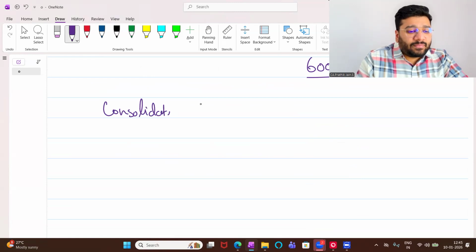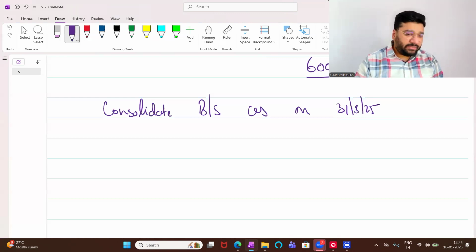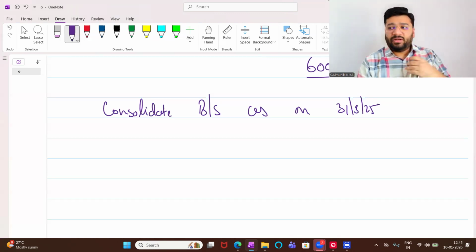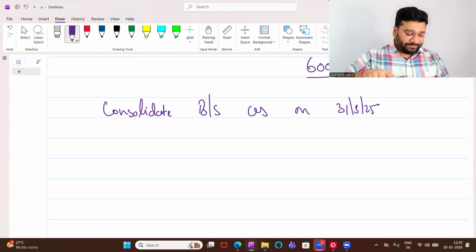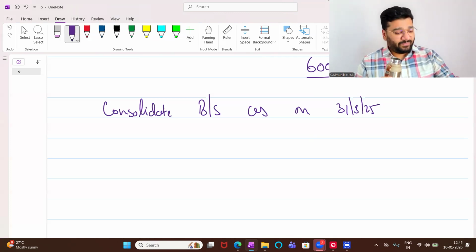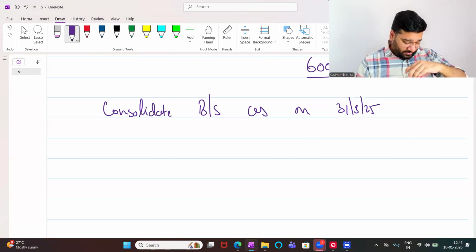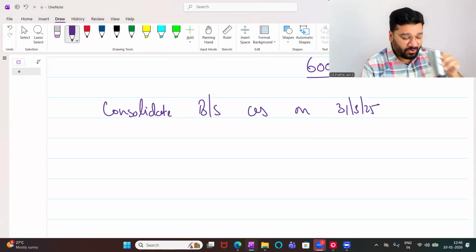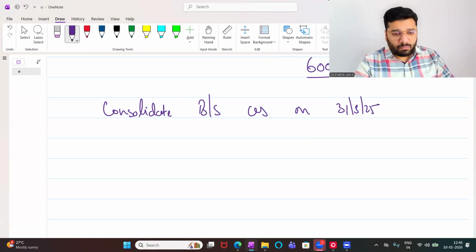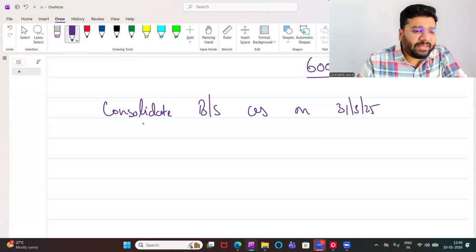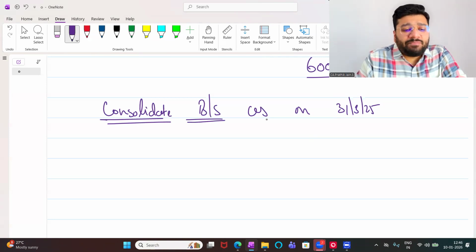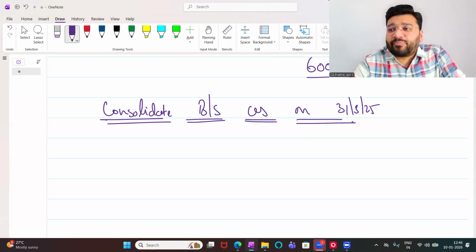Consolidated balance sheet as on 31/25. Very good. Tell me, people, this balance sheet format is coming from where?